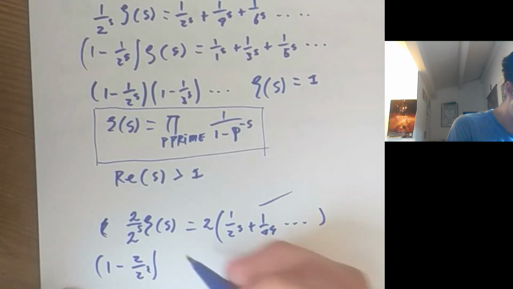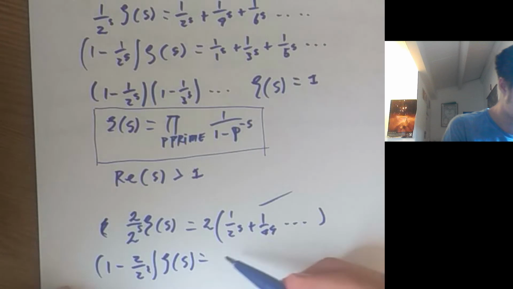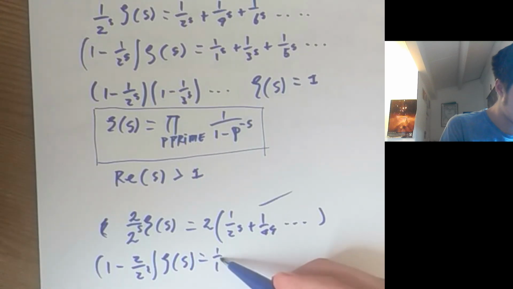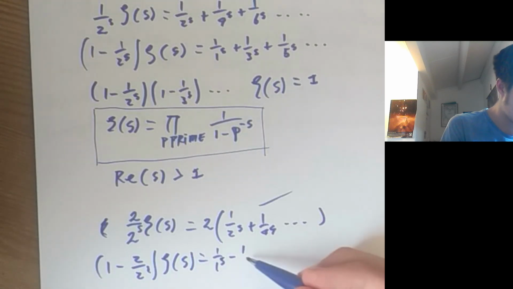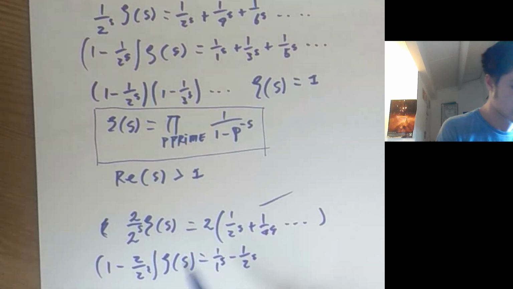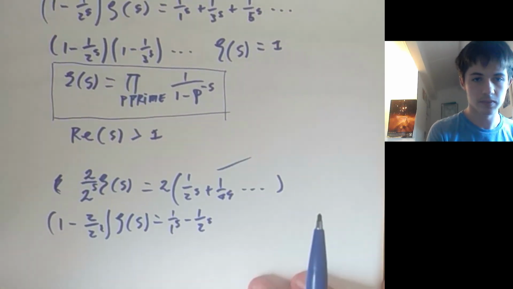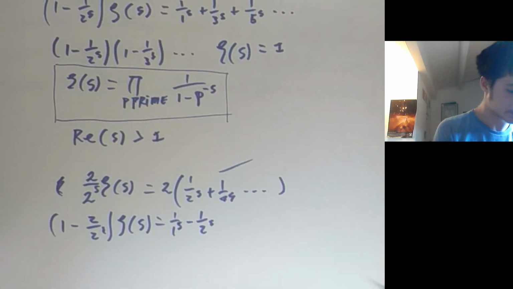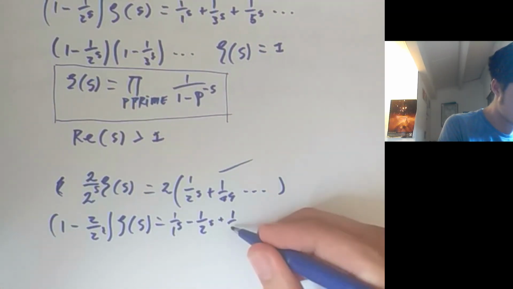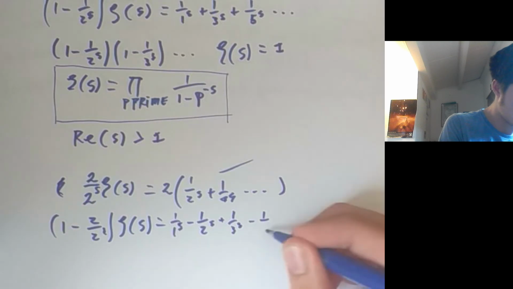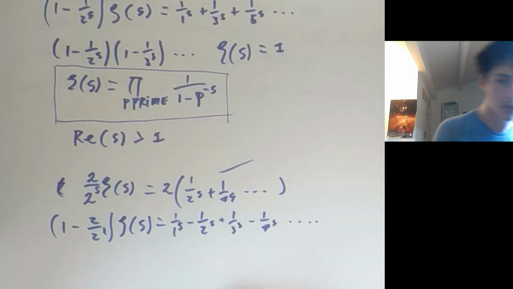we see that we'll get this thing alternating, 1 over 1 to the s minus 1 over 2 to the s, and we subtracted it twice, so its sign changes. And so plus 1 over 3 to the s minus 1 over 4 to the s, etc. This is alternating.